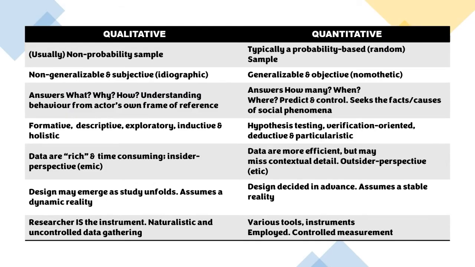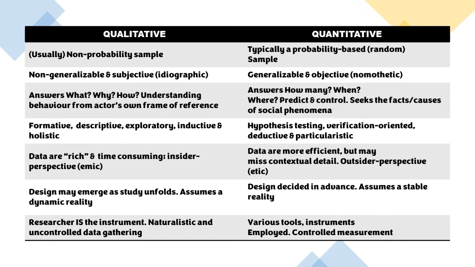It helps when we look at the differences between qualitative and quantitative orientations to help it crystallize for you why I said when you choose one path, you need to stay true to that path. So let's look at the first row there.